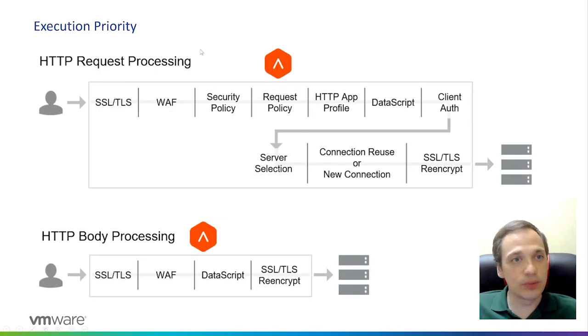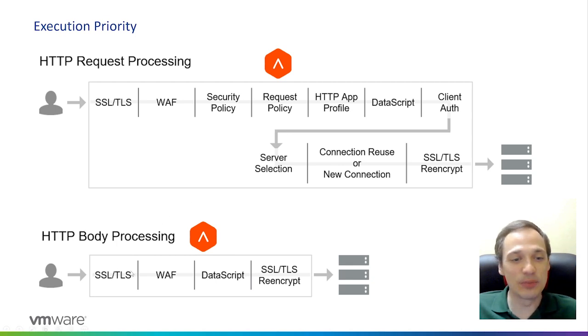It's important to remember the execution priority, in the sense that, for example, the virtual service security policy will be processed before the DataScript. So if the security policy drops the request, the DataScript won't even trigger because there is no more request, basically.